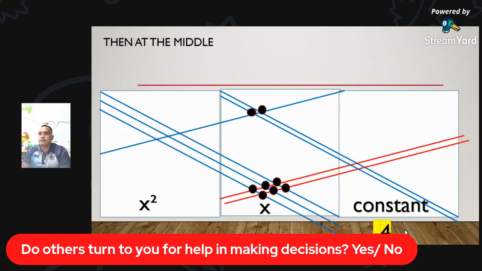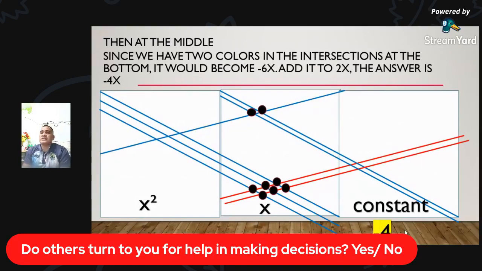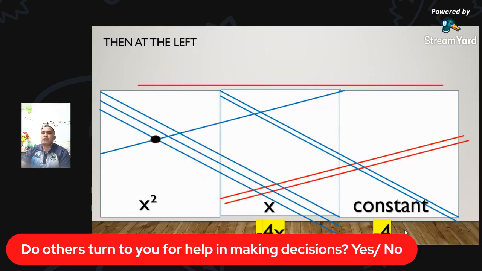At the bottom part, we have two colors intersecting, so that would again be negative. So it would become negative 6x. Add it to positive 2x, and the answer is negative 4x.